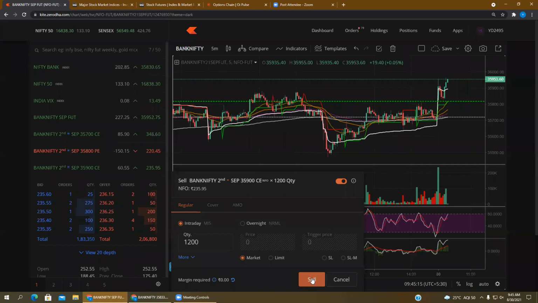Yeah, that is what. It's taking a support at previous day high, and now it's taking a resistance at today's high.